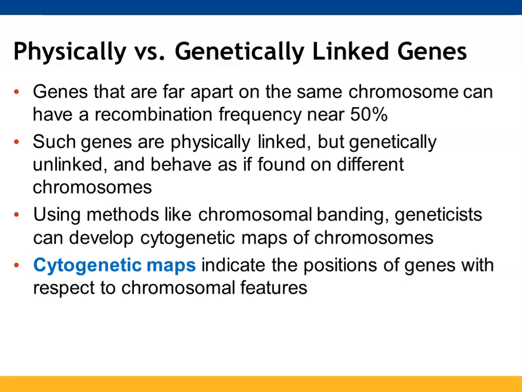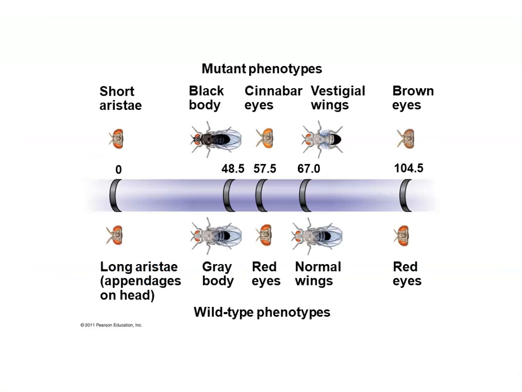Cytogenetic maps are able to identify where genes are located with respect to the features that we physically see on the chromosomes, with the centromeres and chromosomal banding. And you've seen one of those in my classroom. There's an example with fruit flies.